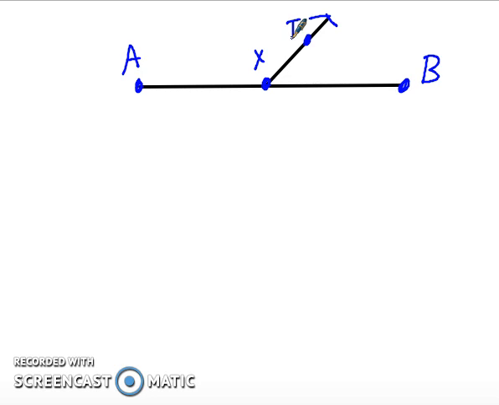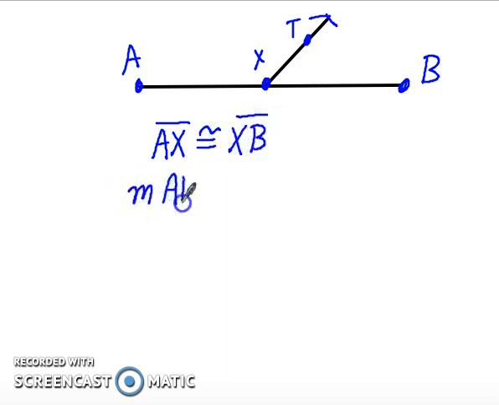Well, what does that mean? That means that segment AX is congruent to segment XB. It means the measure of AX is equal to the measure of XB. That's the difference.